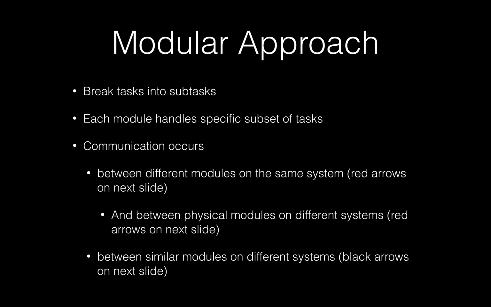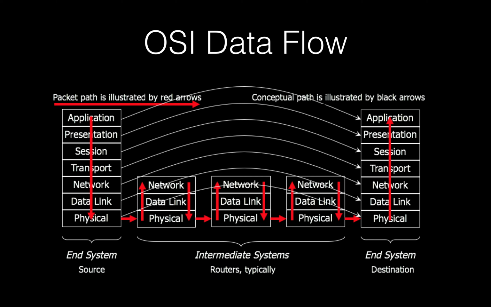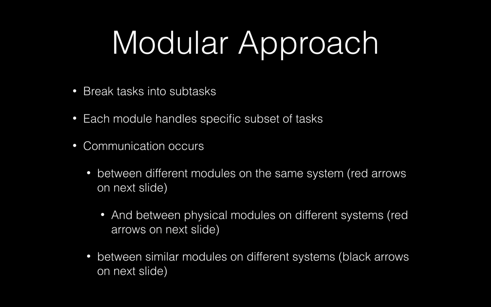So communication occurs between different modules on the same system, and the red arrows on the next slide, we're going to see just a quick peek, a quick overview of how a packet is moving from one place to another, and why the modular approach is more convenient.